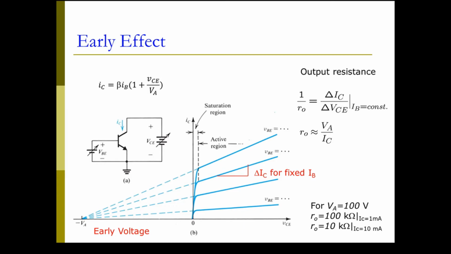For example, for a typical silicon-based transistor, our VA number is about 100 volts, and we can get an output resistance of about 100 kilo ohm at IC equals 1 milliamp, and about 10 kilo ohm when IC equals 10 milliamps.